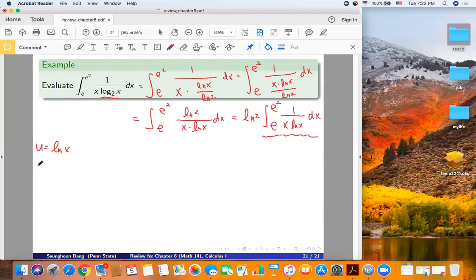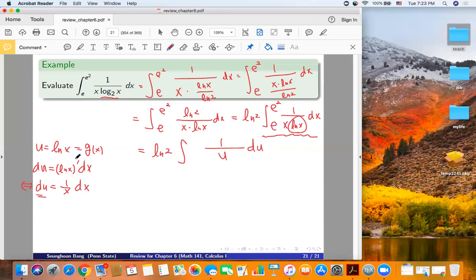So u is ln of x, and u prime dx gives du equals 1 over x dx. The next change: you can write this like g of x. Keep ln of 2 times the integral of 1 over u. Since ln of x is u, what's the remaining part? 1 over x dx is just du.